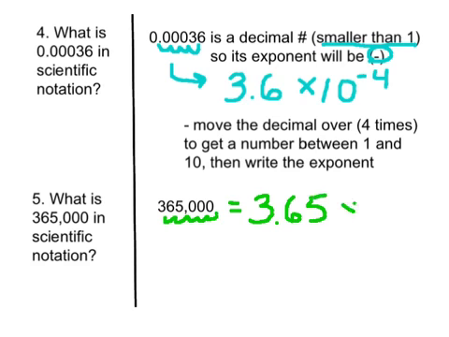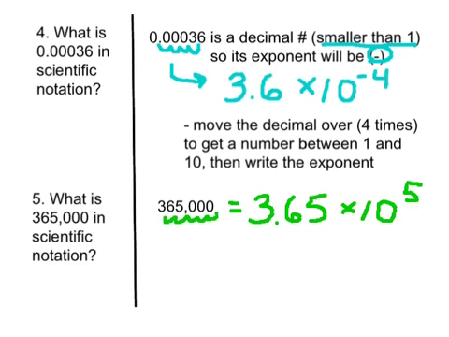Our exponent is however many times we moved that decimal, so in this case our exponent is 5. Our number is bigger than 1, so we keep our exponent positive because it tells us it's a really big number.